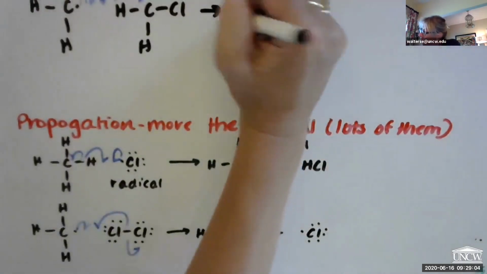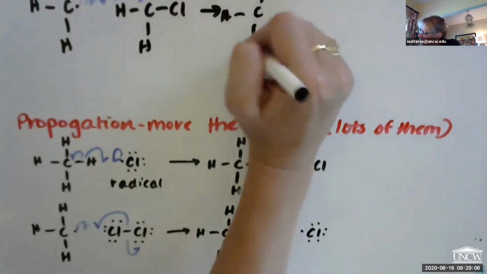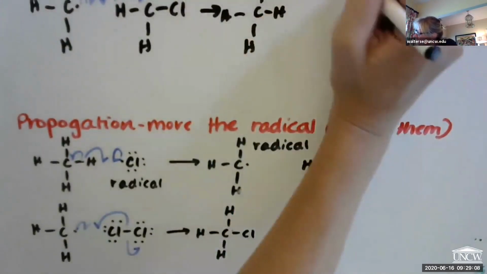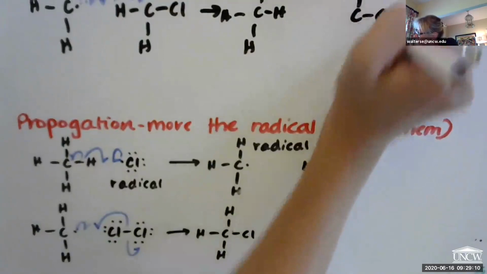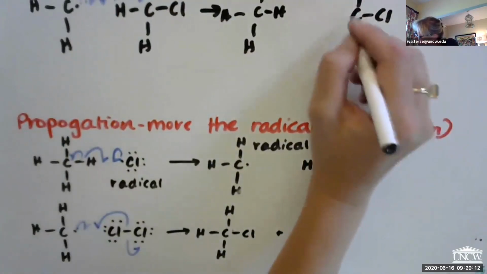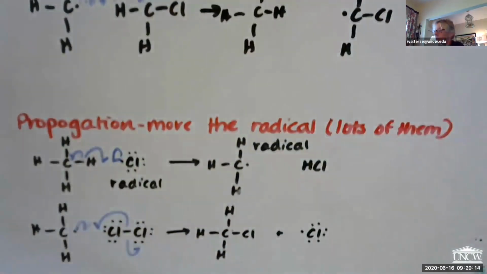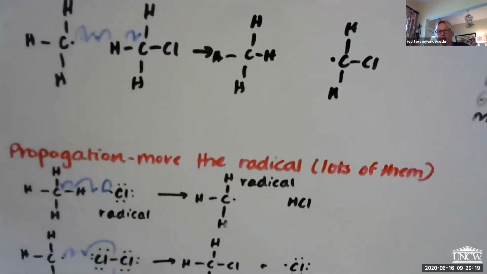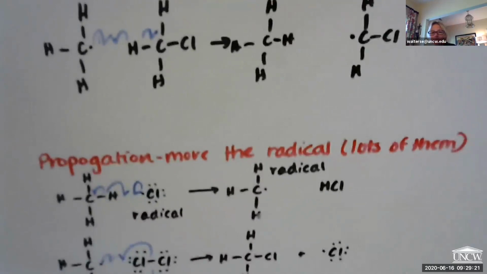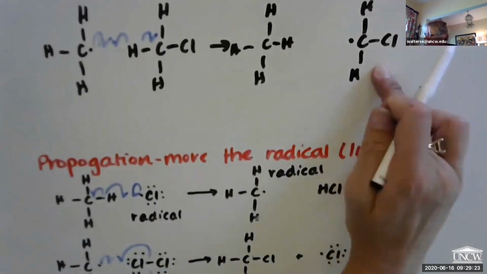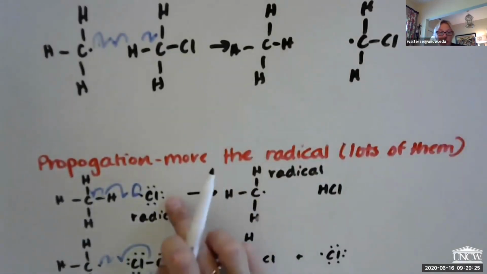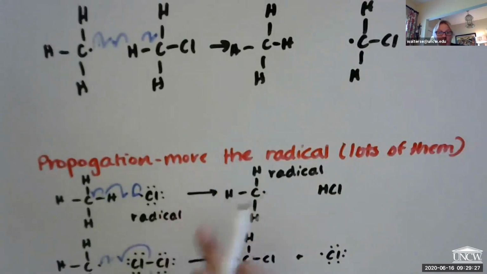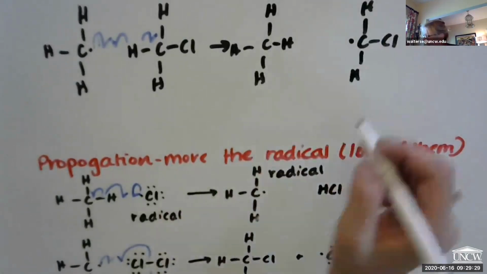Then you would reform methane, and now you would have this radical. But if this radical finds a chlorine, then you're going to make dichloromethane.